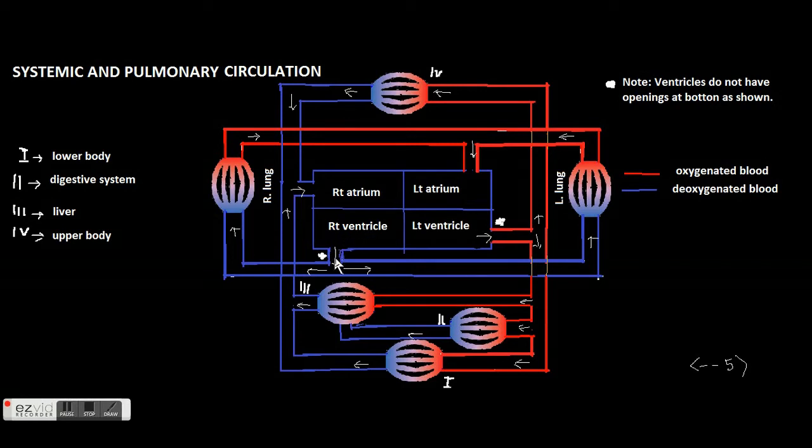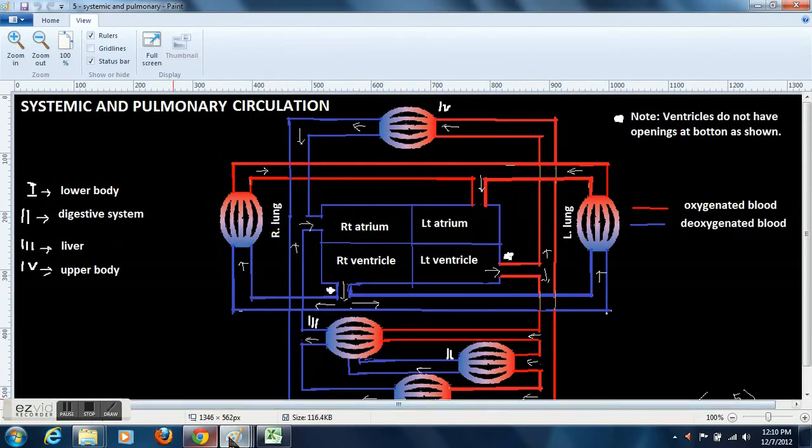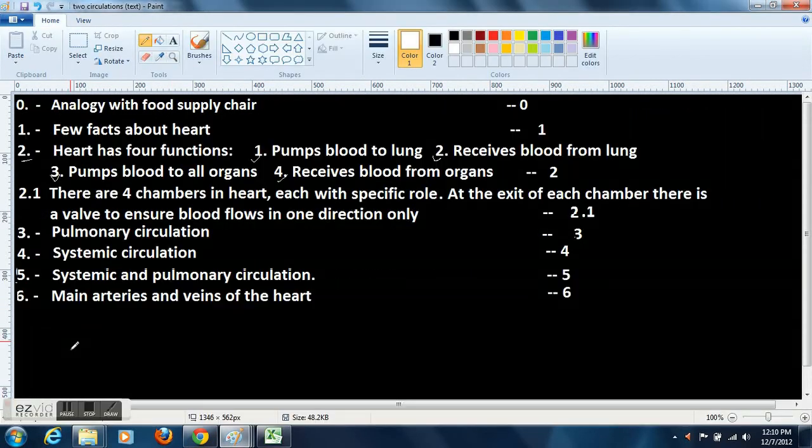So through systemic circulation, blood is going to upper body and lower body, and through pulmonary circulation, blood is traveling to lungs. Okay, so in this diagram these two circulations are combined. If you understood systemic circulation and pulmonary circulation, you can easily understand this part. Here these two things are combined, and this is exactly how it happens in our system.